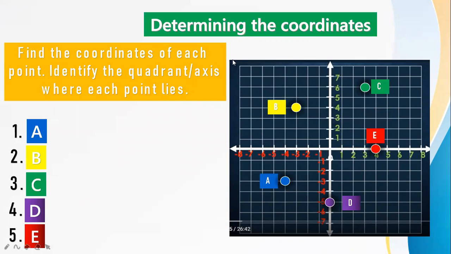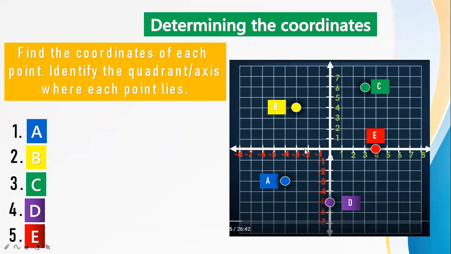Next, determine the coordinates. So find the coordinates of each point. Then identify the quadrant or axis where each point lies. So we have your A, B, C, D, and E. So your A, so we have your x.